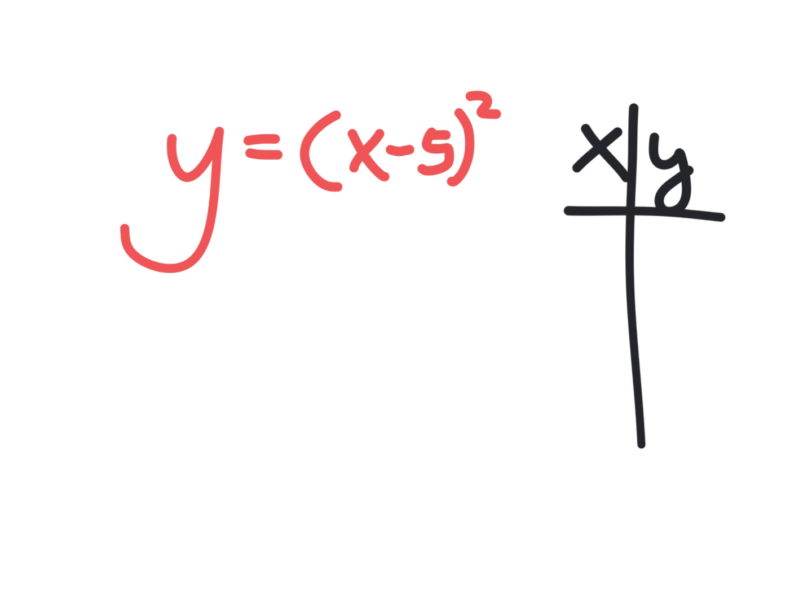All right, to start with, let's do the XY chart. You can put in any numbers you want, but as soon as you put in 0, I hope you would realize that the answer gets super big. What is 0 minus 5? Negative 5. What is negative 5 squared? 25.